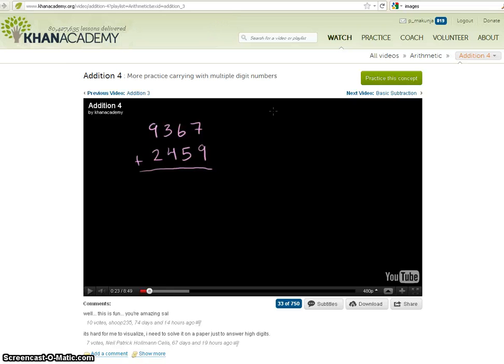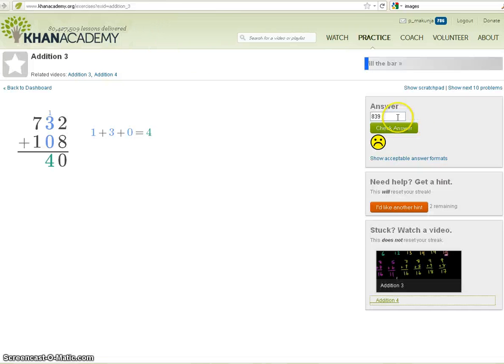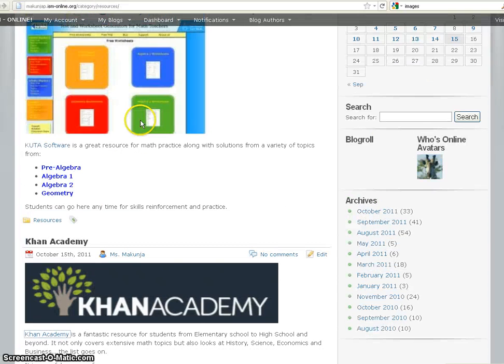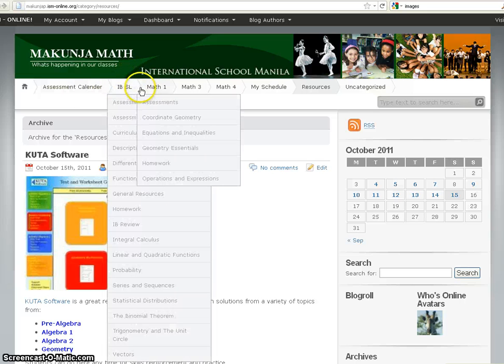As you can see, they can go back to what they're working on and then continue on with their work. And as a coach, I can keep track and see exactly how long the kids are taking, whether they used a video, whether they needed help. It really helps me to see their strengths and weaknesses. So that's another resource that's useful for kids to have a look at any time, anywhere.